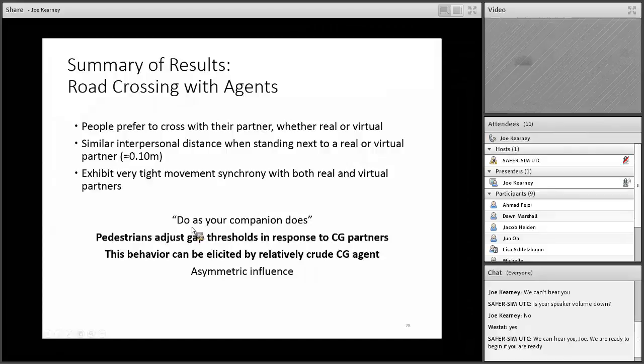So the sort of headline result is that people do as their companions do. Pedestrians adjust their gap thresholds in response to computer-generated partners, and this is elicited with a relatively crude computer-aided agent. And the result was asymmetric. There was a more powerful pull for the risky agent than for the safe agent.